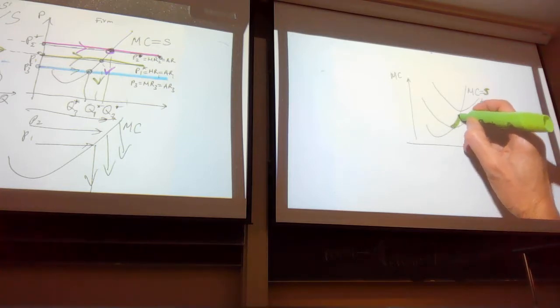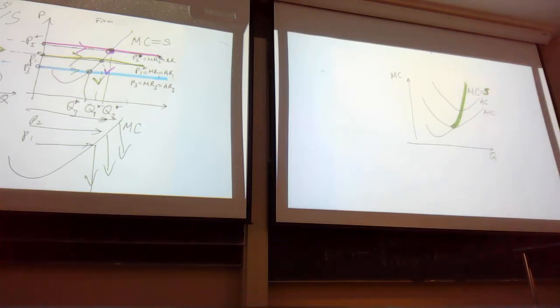So it's only this part of the marginal cost curve that is a supply curve. So I made it green, and it's only the green part of the marginal cost. So I have to go until the shutdown point, until the minimum of the average variable cost, if I want to consider the supply curve for the firm.